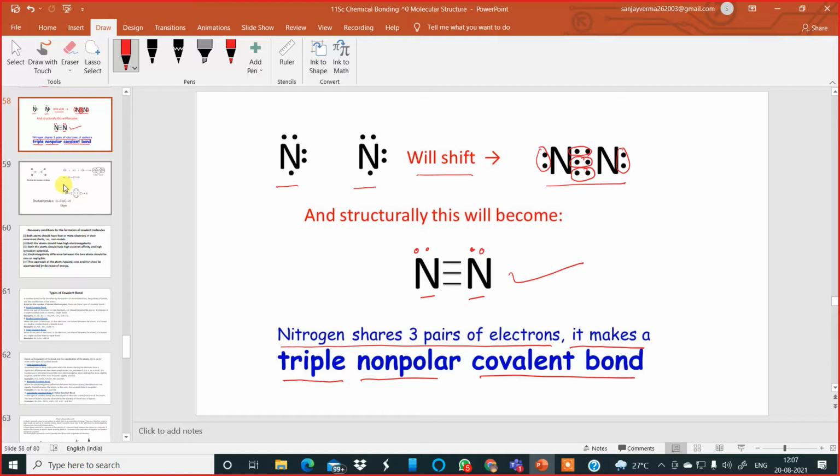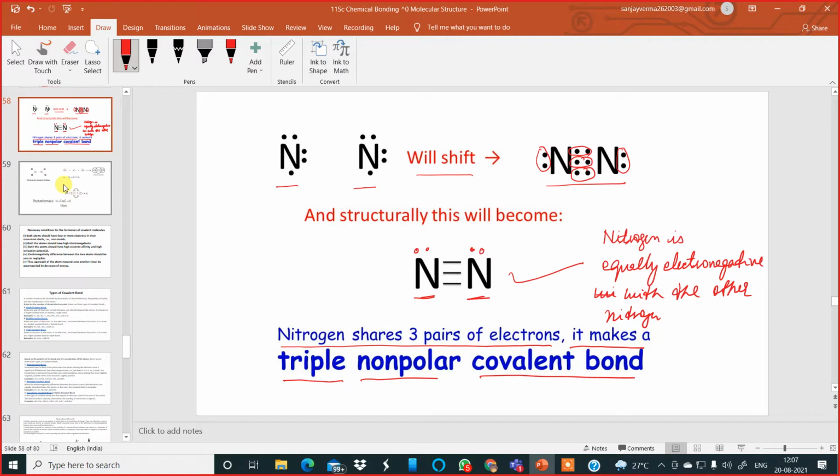The reason is nitrogen is equally electronegative with the other nitrogen, since both are the same nitrogen atoms.